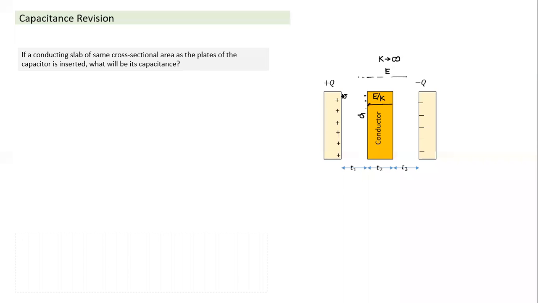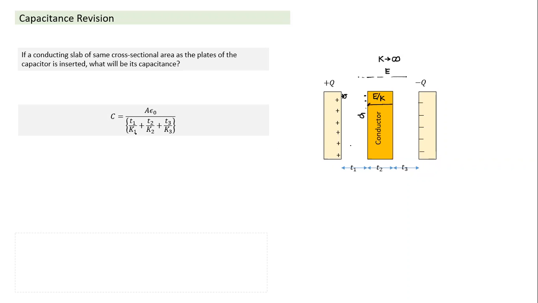So K is infinity. So if I place a conductor in between the plates of a capacitor, and how do I place the conductor? I place it at a distance of T1 from the positive plate, at a distance of T3 from the negative plate, and the thickness of the conductor is T2. What would be the equivalent capacitance of this system? You can still use the same formula. Only thing, for T1, this is still air medium.